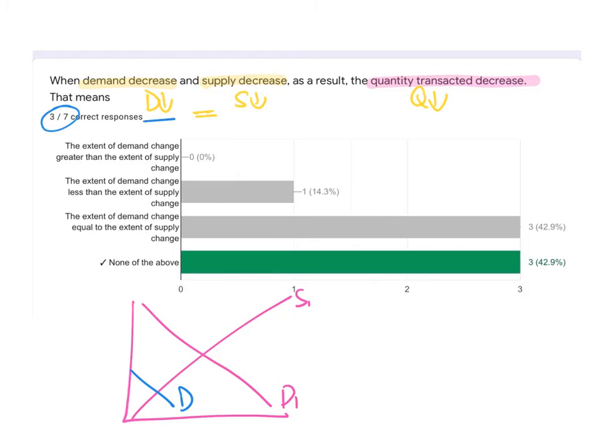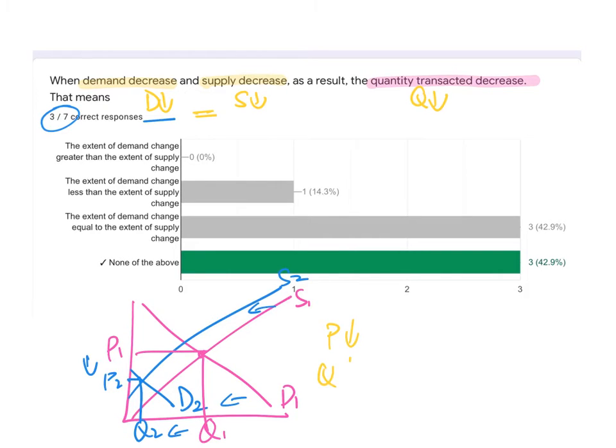Then the supply will decrease, so for the demand I make a big gap. Therefore, for the supply, I make it narrower. So we find the equilibrium, P1, Q1. Here, P2, Q2. So according to our analysis, P down, Q down.